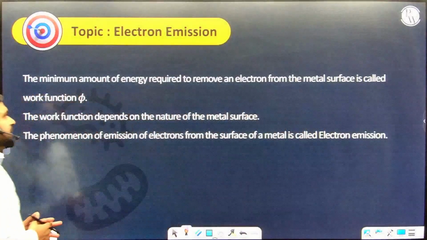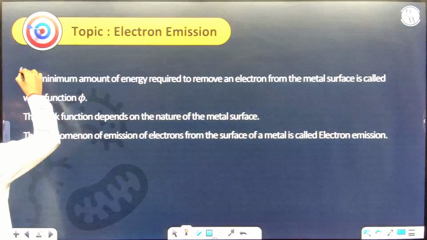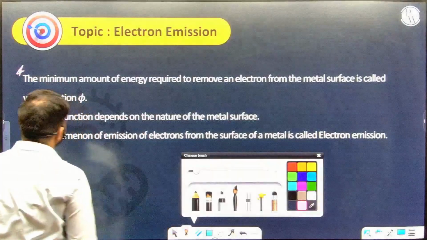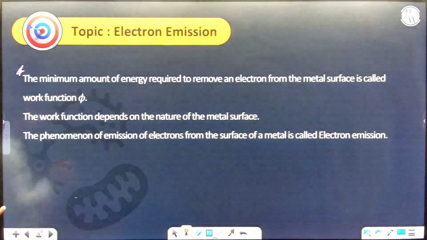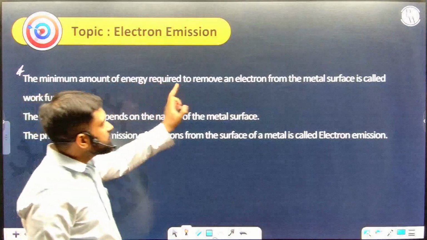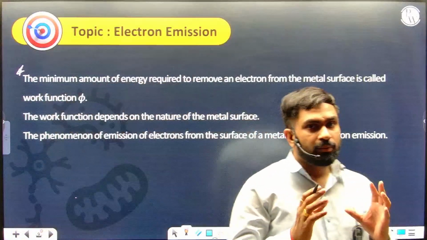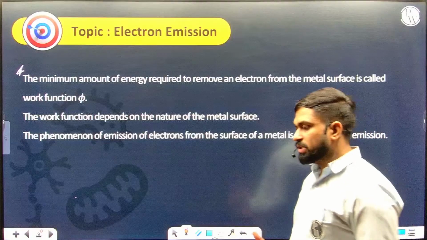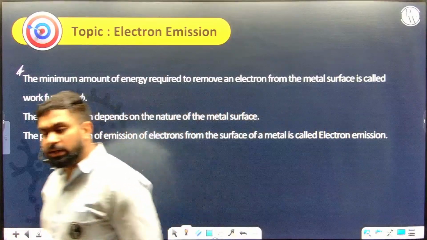So one aspect they are mentioning for us in the starting itself is there must be some minimum amount of energy required by the photons, because photons are responsible for ejecting or emitting the electrons.